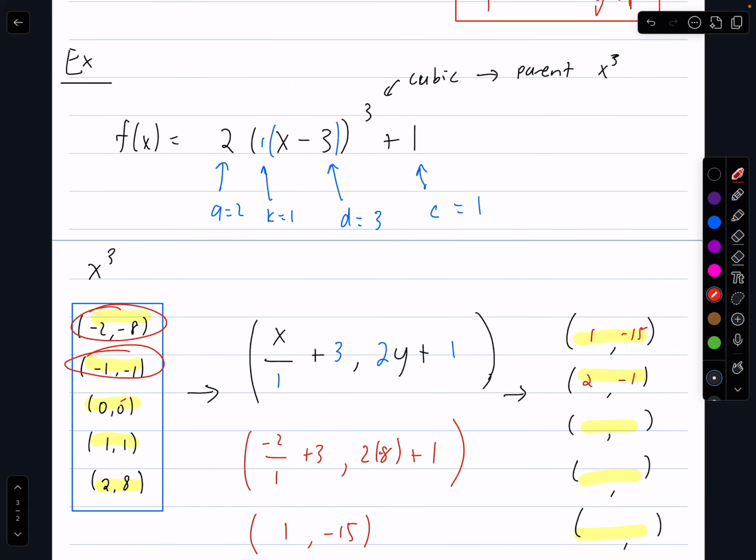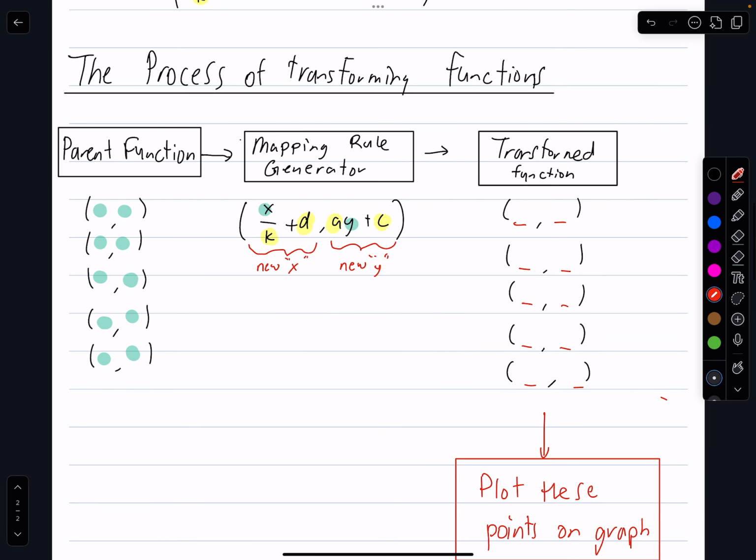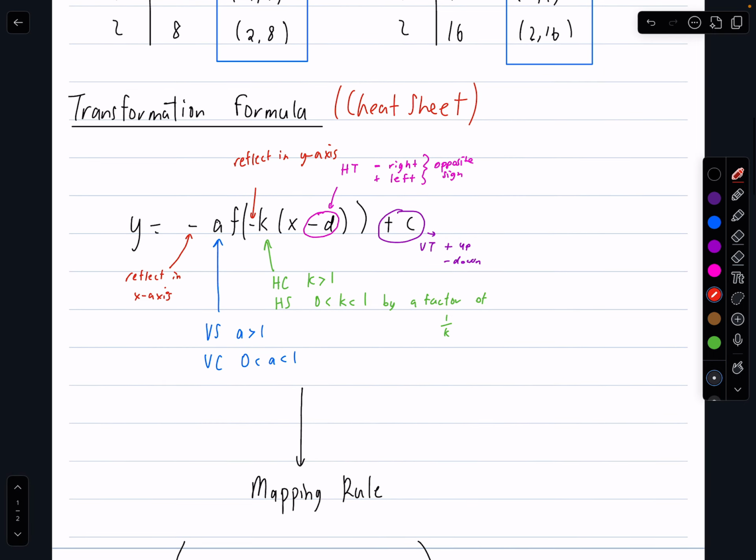What I want to stress to you guys in this lesson is the process. What does the process look like when you're transforming these functions? The first thing you have to do is identify what the parent function is. Is it a cubic function? Is it a quartic function? Depending on what it is, you know the parent points you're going to be using. After that, you have to look at the transformation formula to identify what a, k, d, and c are.